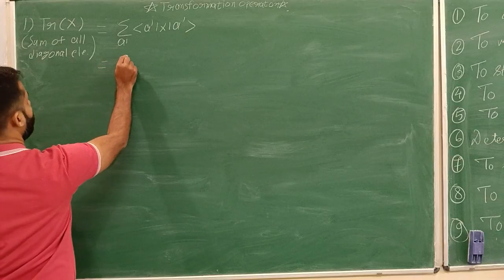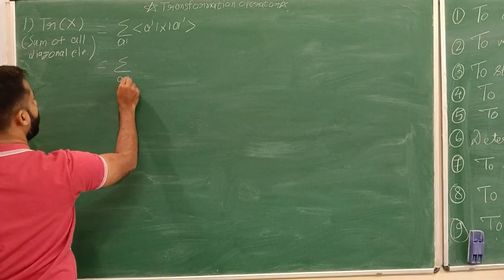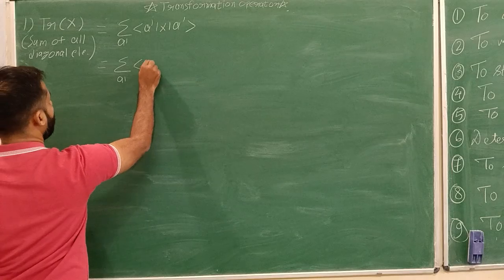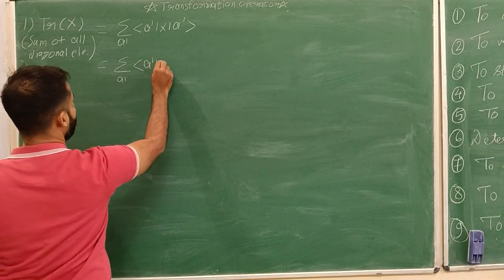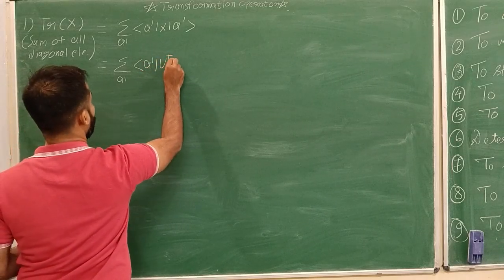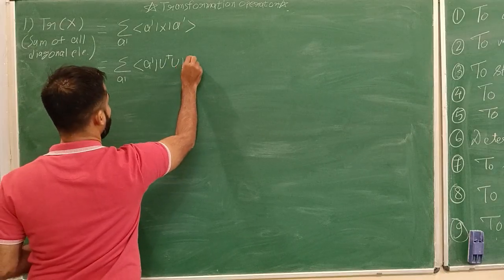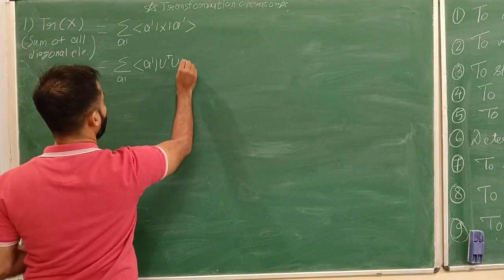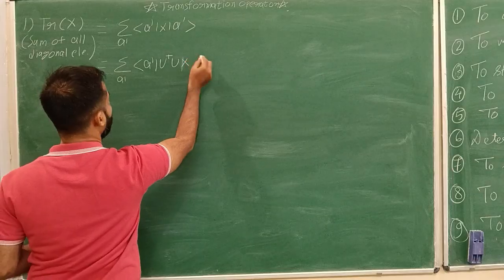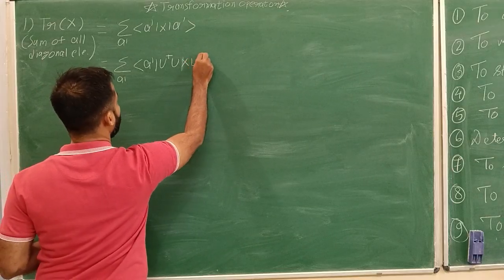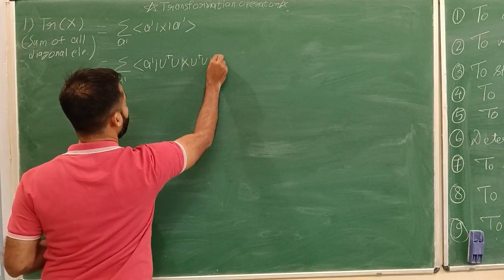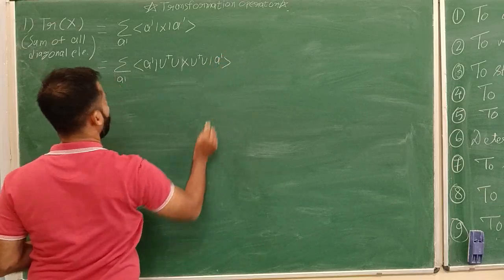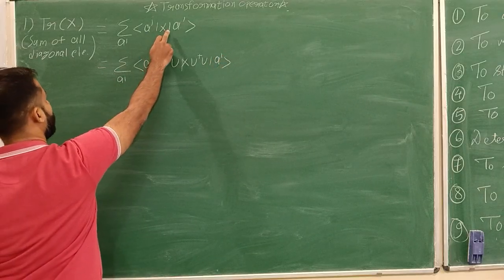We're going to use some trick here. It's U dagger U. We can use this because there's identity here, identity here.